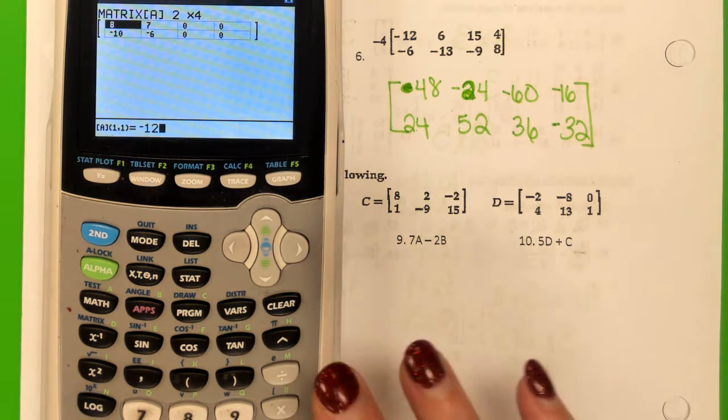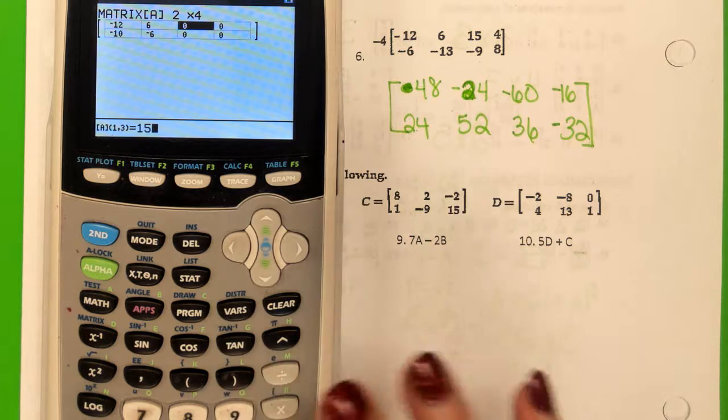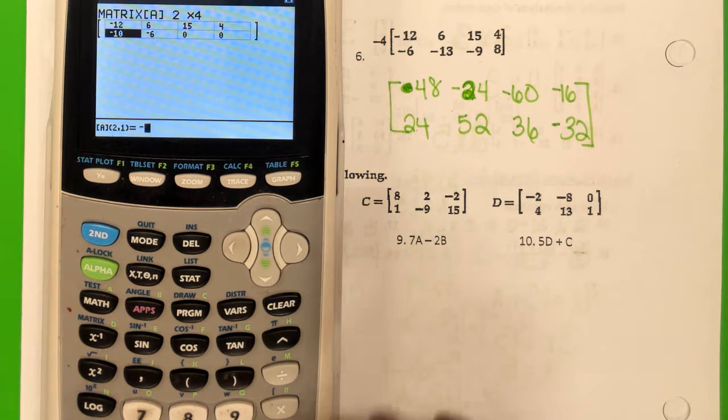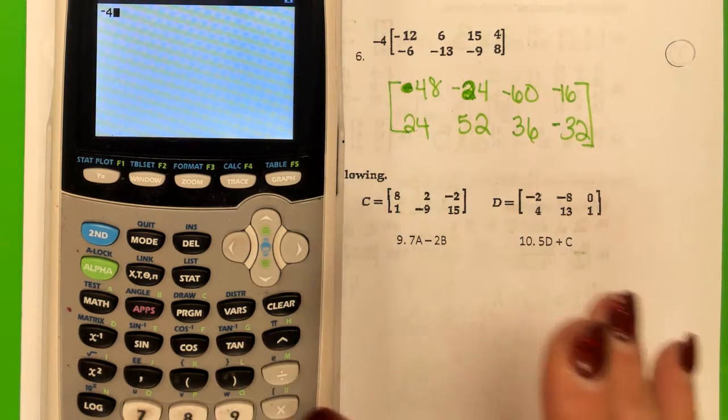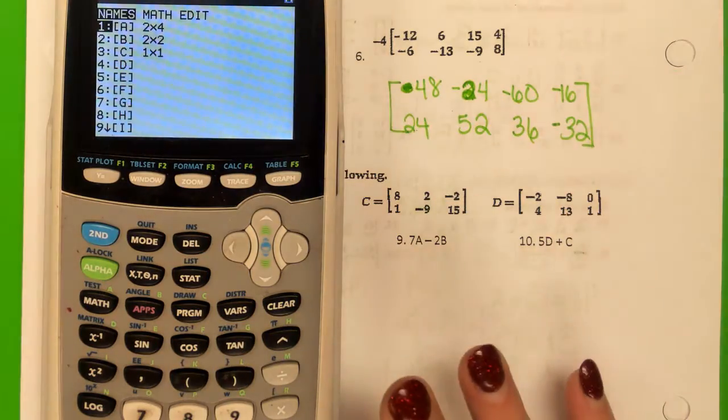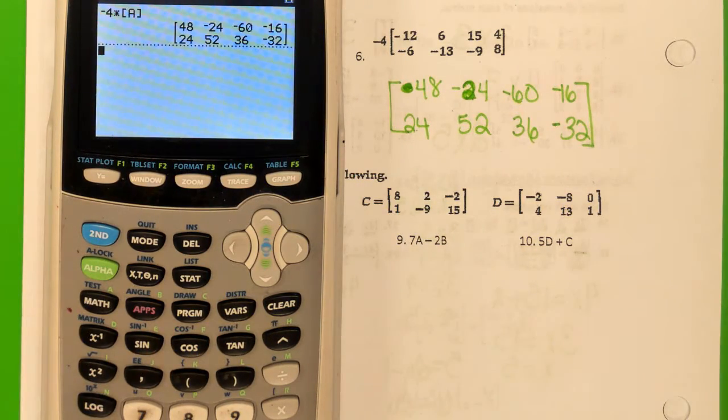So you'd have negative 12, 6, 15, 4, negative 6, negative 13, negative 9, and 8. Y'all okay? And then you hit second quit. Times matrix A. Very good. Anybody lost?